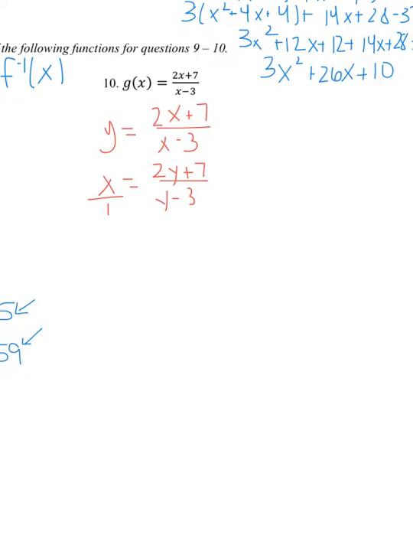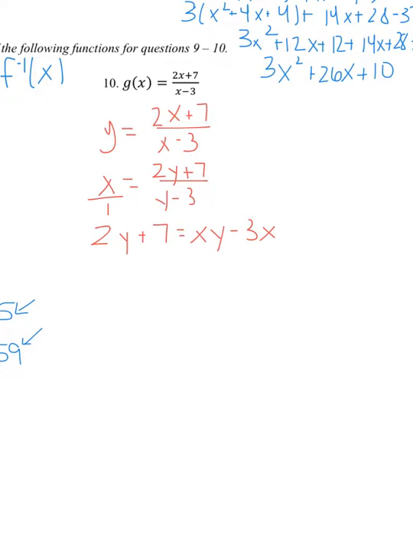So 1 times 2y plus 7 is 2y plus 7 equals x times y minus 3 is xy minus 3x. Now, I want to bring all of my y's to one side, and anything without a y I'm going to put to the other side.